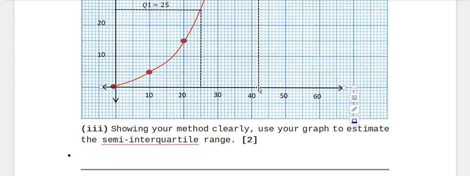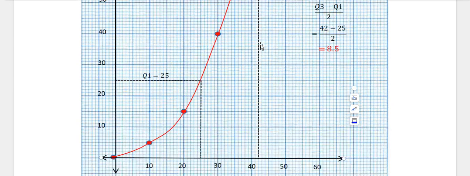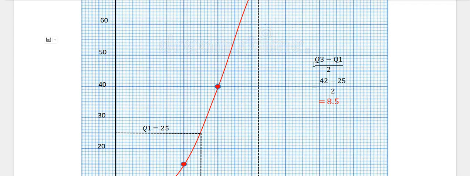That will be your third quartile. So now that you have your first and third quartile, you simply subtract them and divide by 2, which will give you an 8.5, just like that.